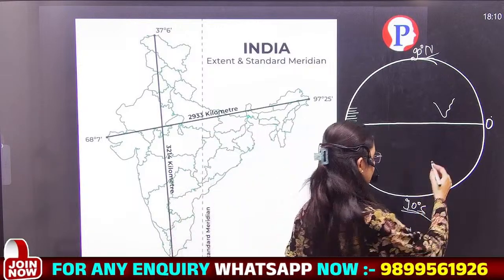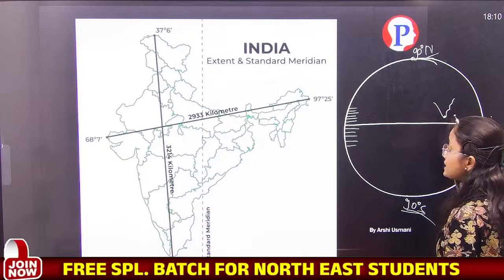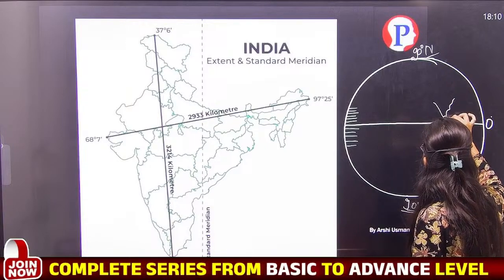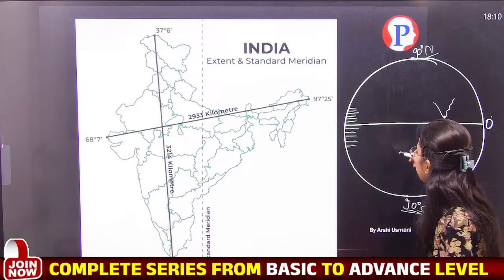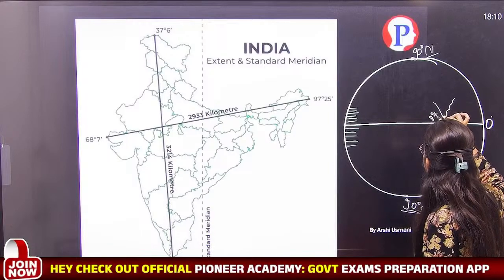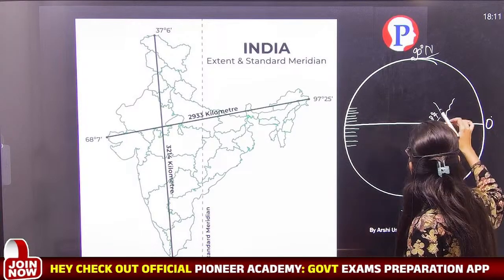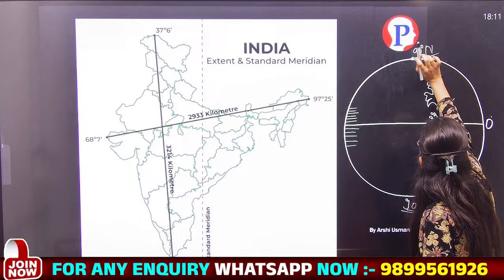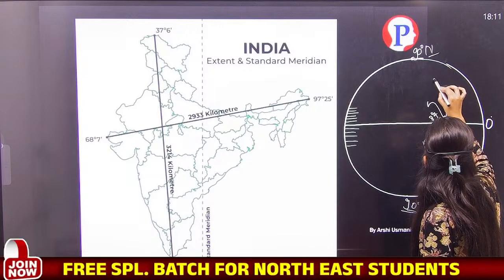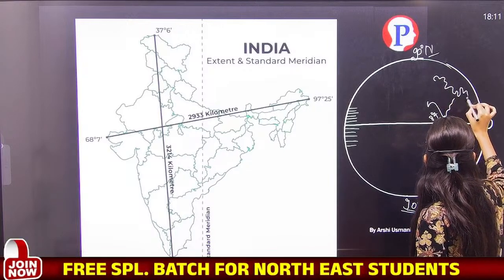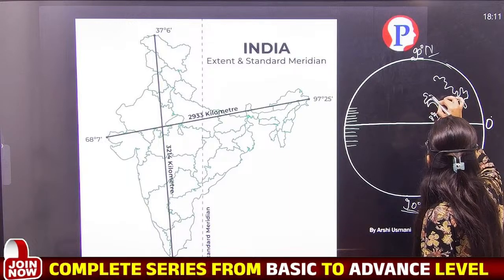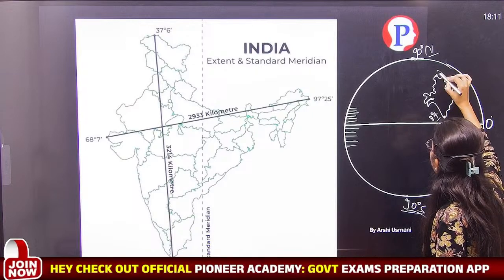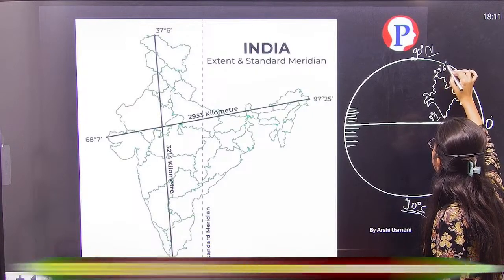So this point is called Kanyakumari. From this point, the latitudinal expansion of India is 8 degree 4 minute. And from here to here, this is the northern point of India, that is 37 degree 6 minute.